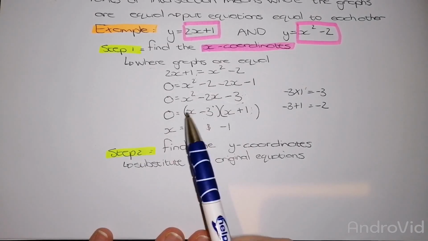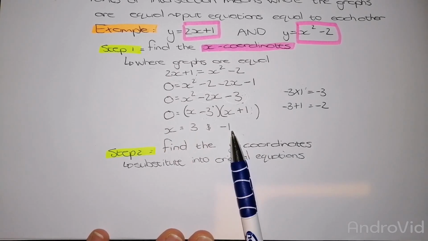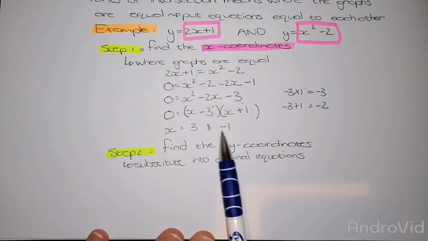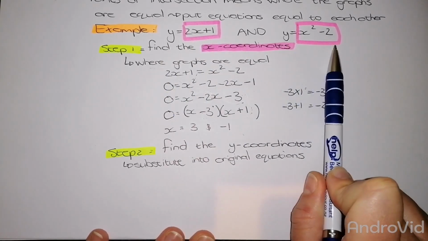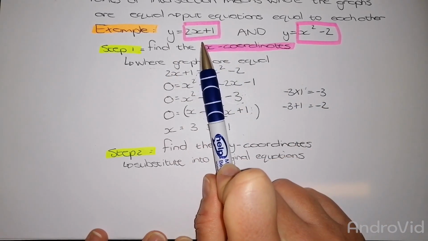My final step is to find the y coordinates. Now that I have my x's, it's quite easy to find my y's. All I need to do is use these two numbers and substitute them into one of my original equations. I normally use the straight line equation because that's the easiest way to find an answer.